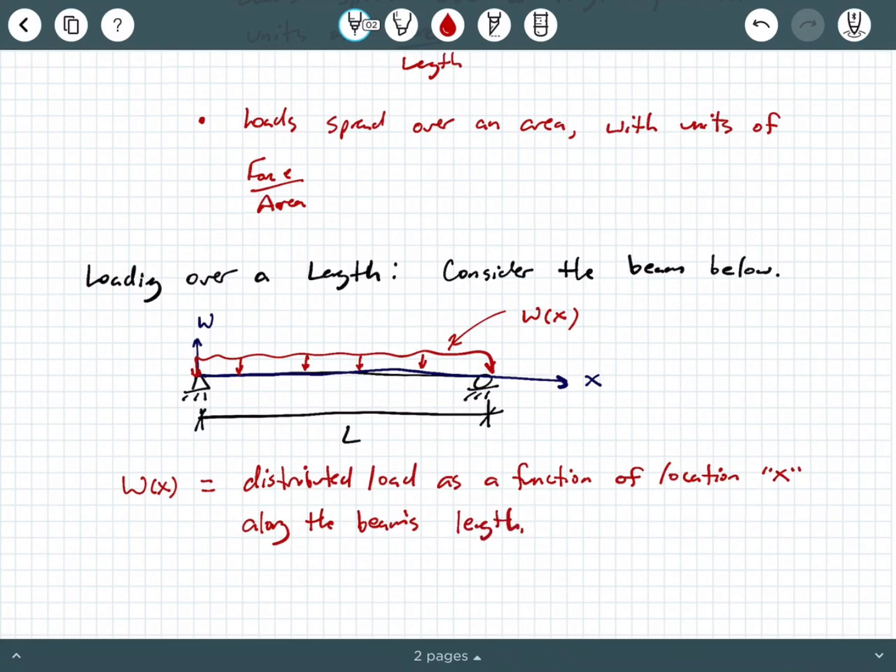And this far left point is our origin. And this little vertical axis I drew here represents the W axis, which corresponds with distributed load. And then the horizontal axis is the X axis.